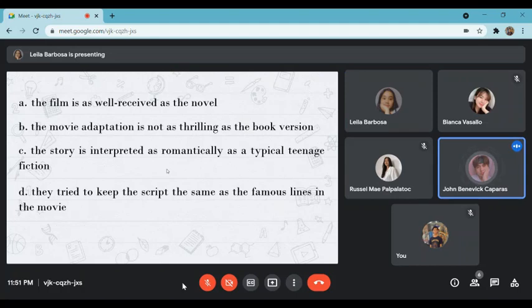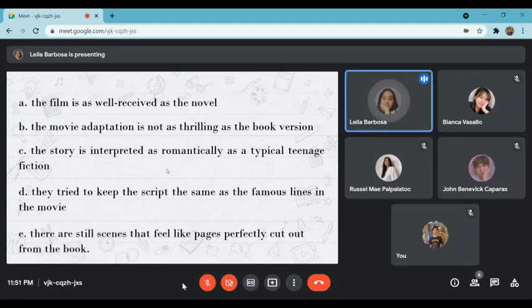There are still scenes that feel like a perfect cutout from the book. So for letter E, there are still scenes that feel like pages perfectly cut out from the book. Okay, very good. So you've identified the five phrases that show comparisons of two things in the conversation. Now, what I would like you to do is to identify the two things that are being compared in each phrase. Is that clear?